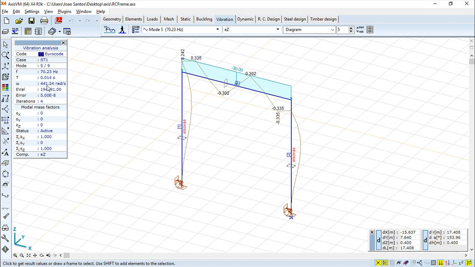This letter here, it's the circular frequency. The eigenvalue, the error, it's similar to buckling, where we can see the relative error of the eigenvalue. And finally, the number of iterations performed until we achieve a convergence with the tolerances that are defined. So basically that.